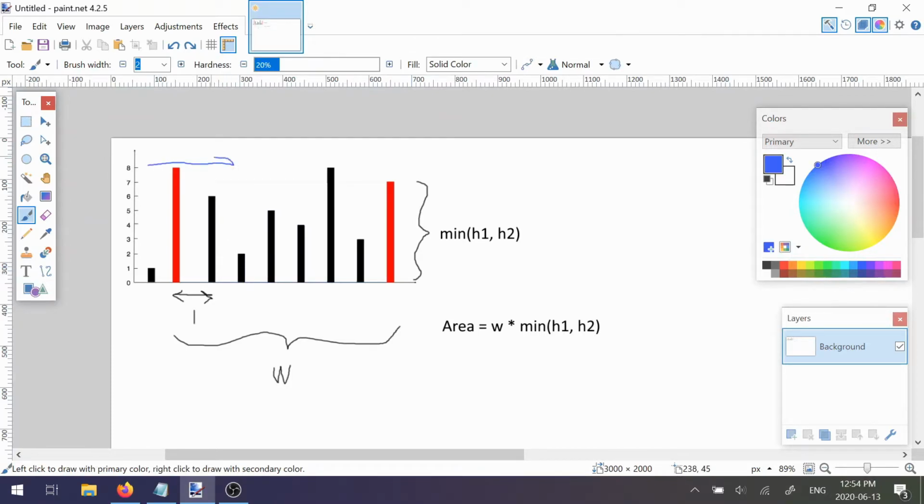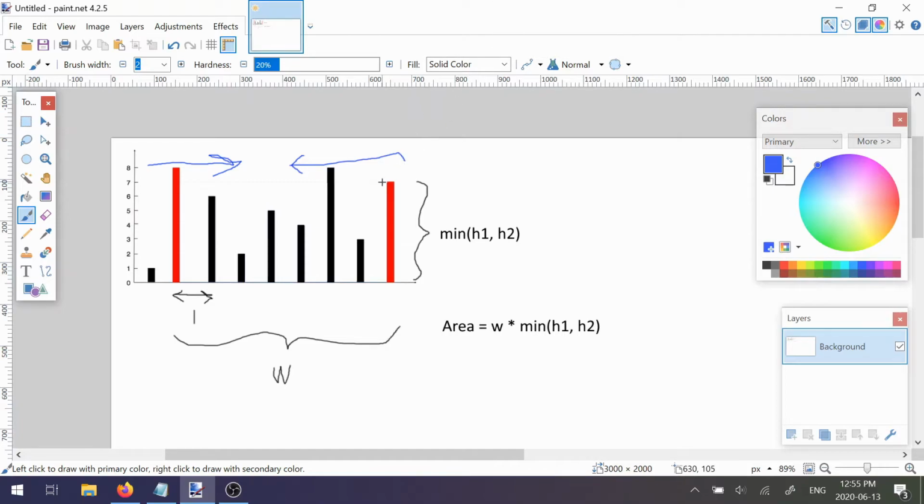So we will be moving in this direction and in this direction as well until the 2 lines meet. And how we pick which line to move is based off of which line is shorter. Remember that the line that is shorter is limiting the area. So we want to move the line that is shorter in order to check if the following line is taller so that it may potentially increase the area that we have.